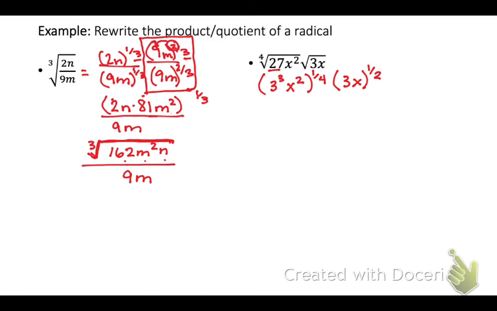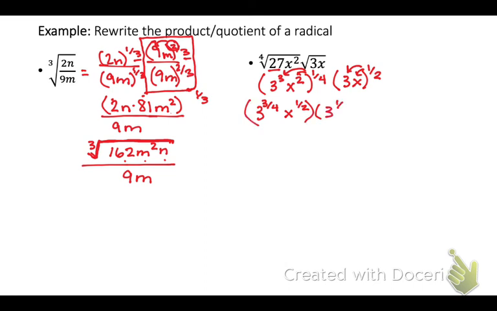Okay. It says rewrite the product or quotient. Well, can I do anything with this? Possibly. Well, I should distribute this, correct? Yes. And this. So that gives me 3 to the 3/4, x to the 1/2, 3 to the 1/2, and x to the 1/2.